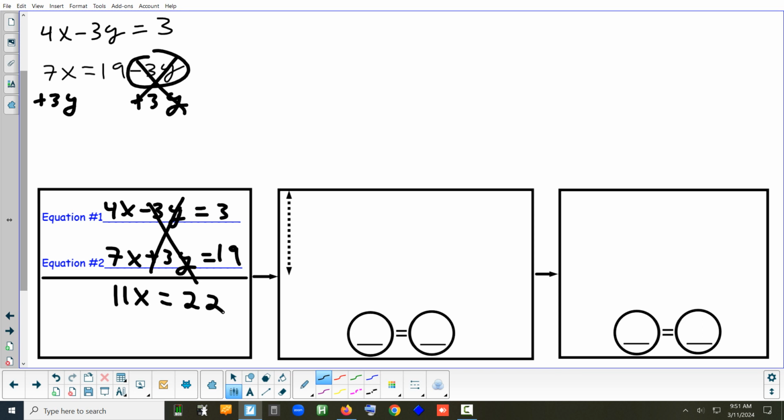Okay, I'm going to copy that into the second box so I have some more space. 11x equals 22. And what letter am I solving for? x. And how do you get x by itself? Divide by 11 on both sides, and that does come out nice. What's 22 divided by 11? 2. Okay, so we got a nice answer for that.